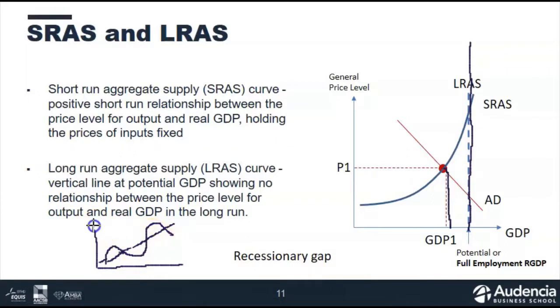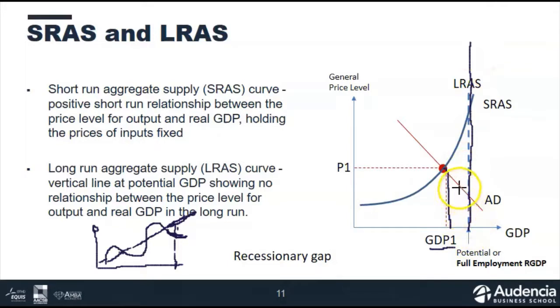If we're at a point here, our production is low. The trend says we can be up here, but we're actually below it. So here we've got a case where production, GDP, is actually below the potential GDP, which is here.